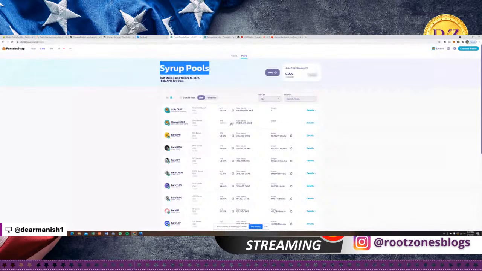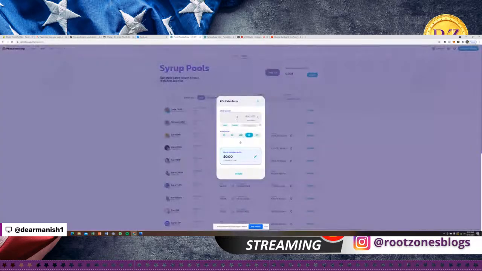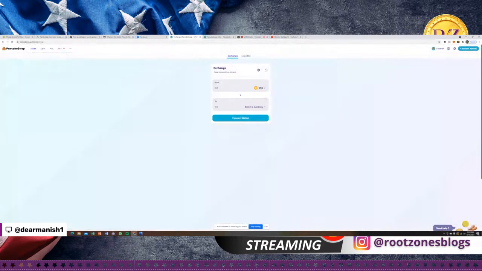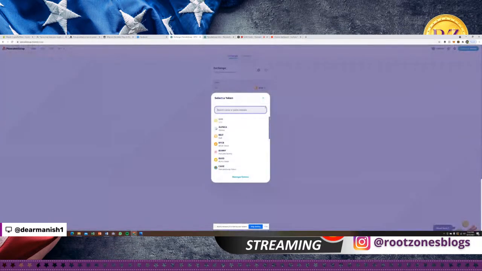In the Syrup Pool, they have now reduced the APRs, but there was a time when the APY and the APR was 90 and above. So what we did, first we went to this exchange, and we tried to buy some CAKE using our.